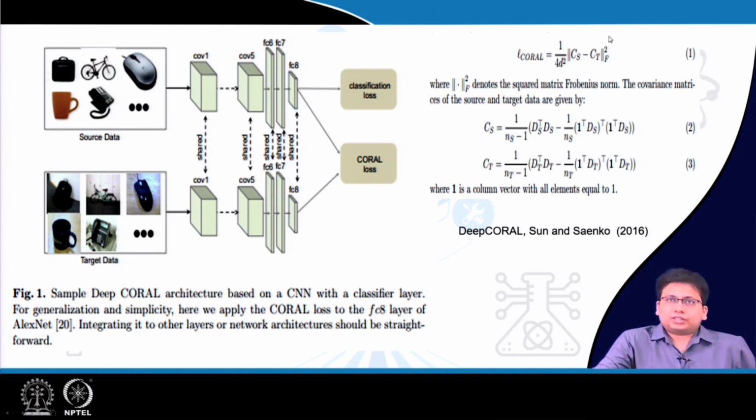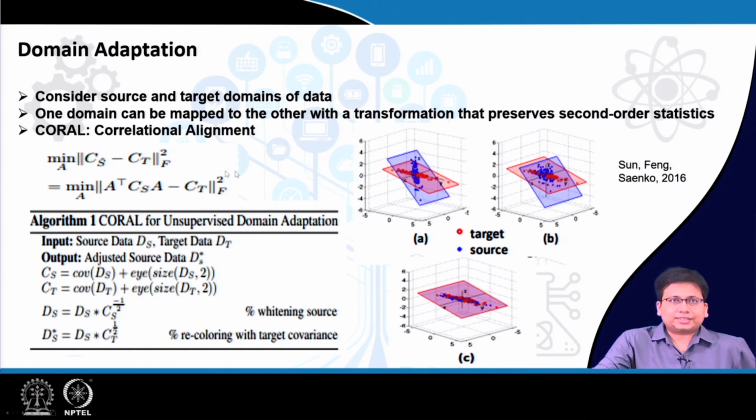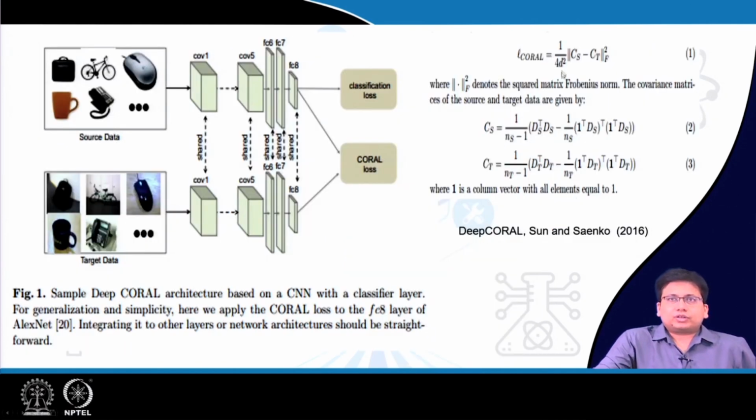This coral loss is actually nothing but the difference between the covariances of the different features. The same thing that was done here. Here also we tried to minimize the difference between the covariance matrices of the transformed target domain and the transformed source domain. Here also we want to do pretty much the same thing. So this term is now included as a loss function.